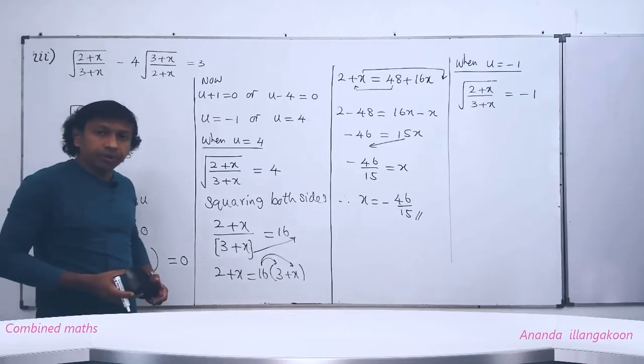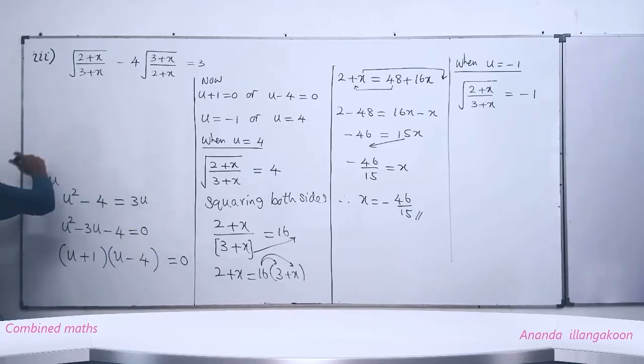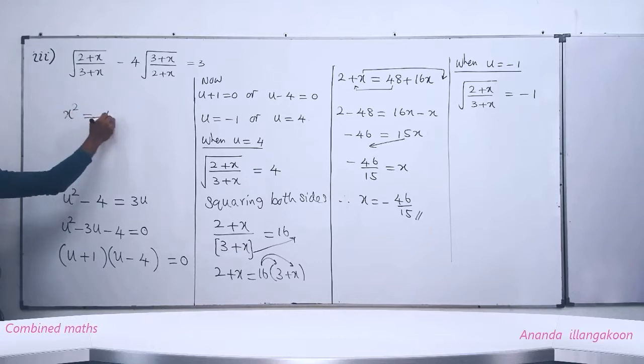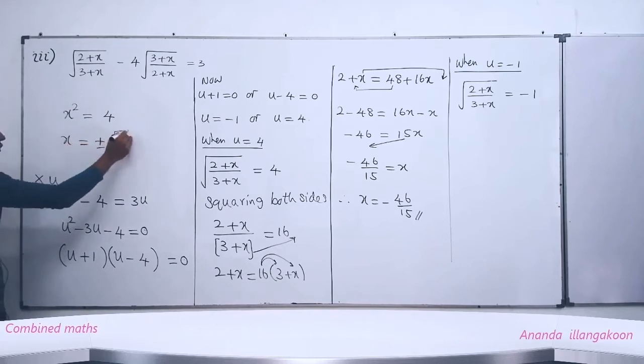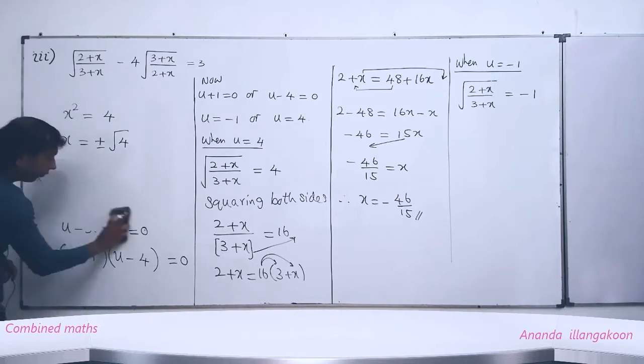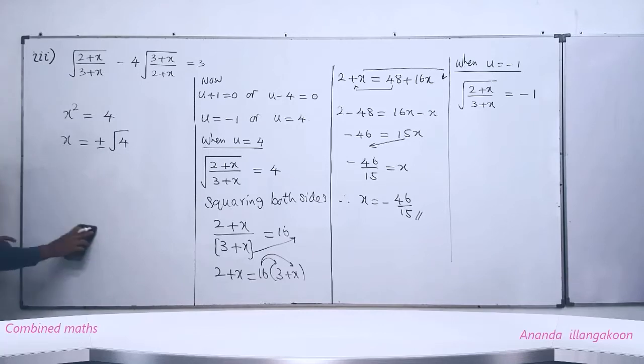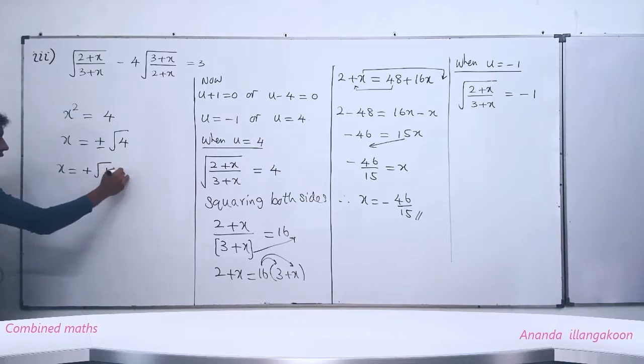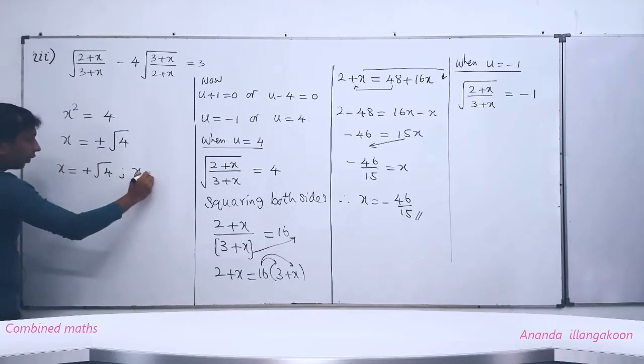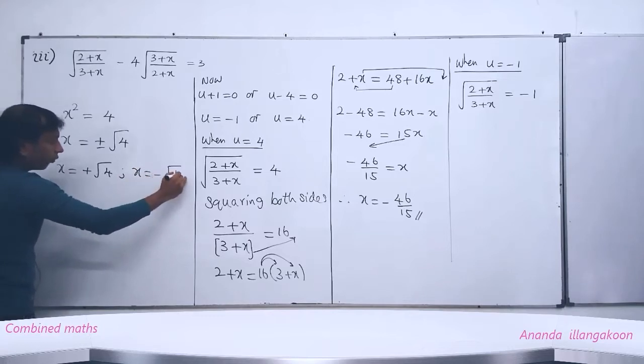Now, if we have something like x squared is 4, then what is x? Plus or minus square root of 4. That's correct. Then here we have two answers for x. One is x equals plus root 4, but the other x is minus root 4.